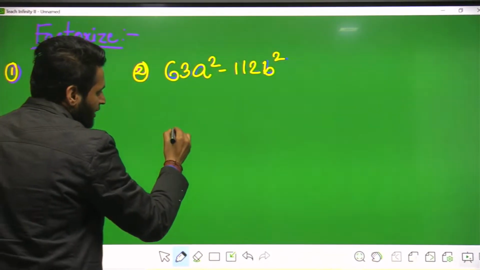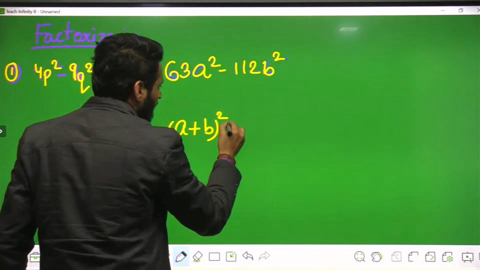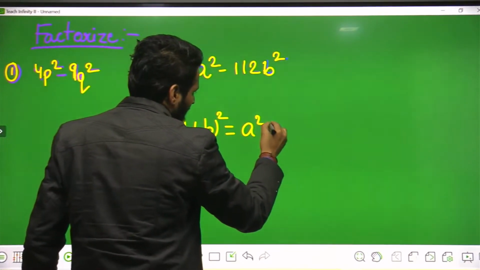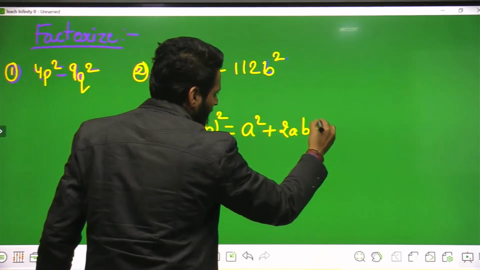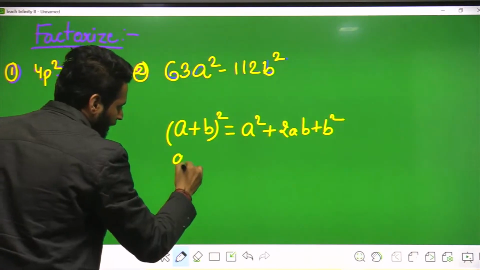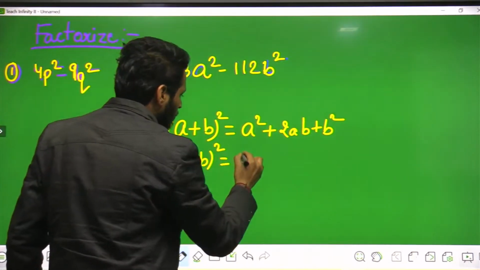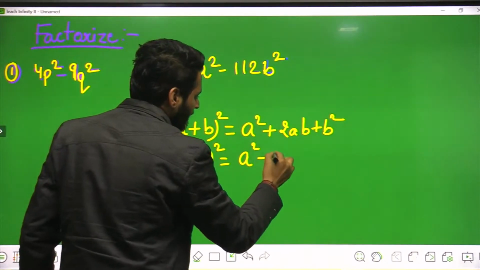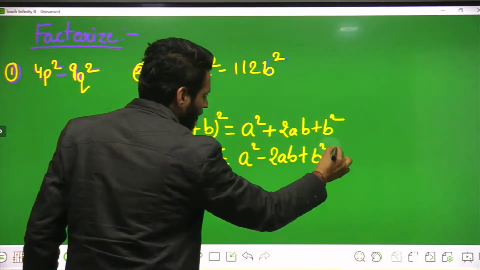So a plus b whole square is equal to a square plus 2ab plus b square. The second identity: a minus b whole square is equal to a square minus 2ab plus b square.